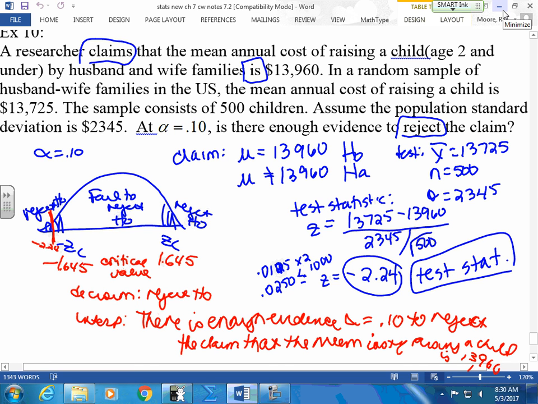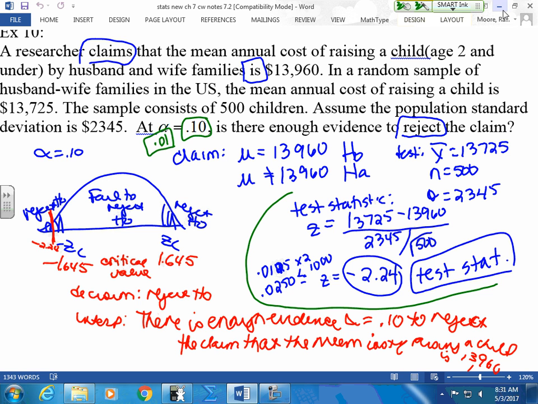Good? So you guys now, try it yourself 10. Try it yourself 10 says, take this one, and now see if I can reject the claim at 0.01. Is this going to change this guy to 0.01? This information, your z-score information, will stay exactly the same.